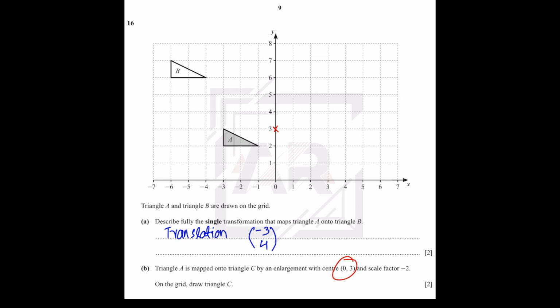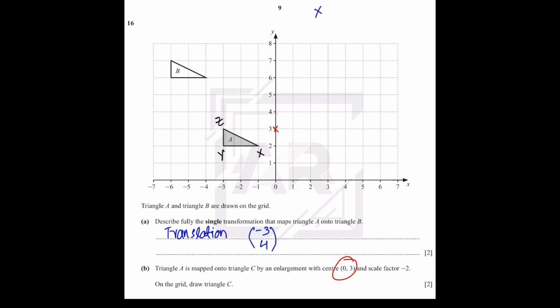Now what I'm going to do right now is mark all the vertices of triangle A. Like this one is X vertex, this one is Y vertex, and then we have Z vertex. I have marked every vertex of the triangle. Now I'm going to take out the distance of each vertex from the center of enlargement.